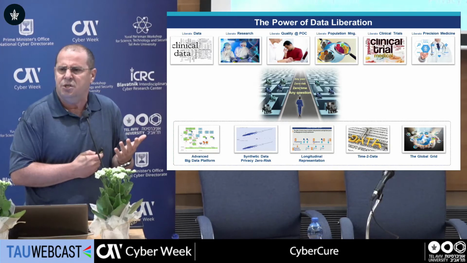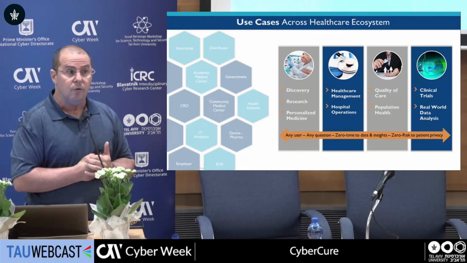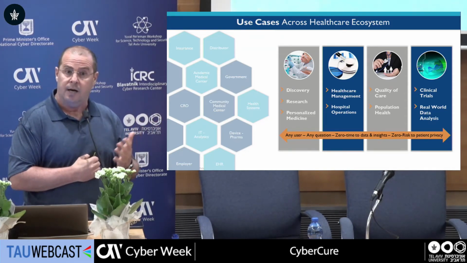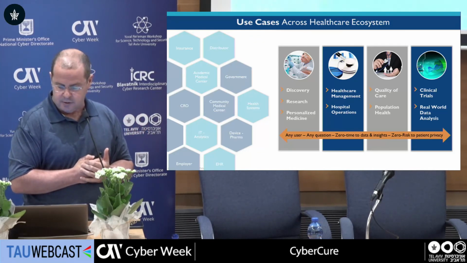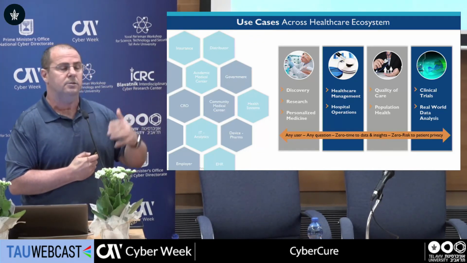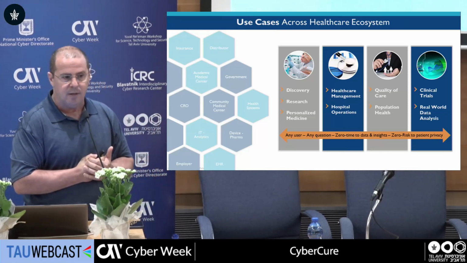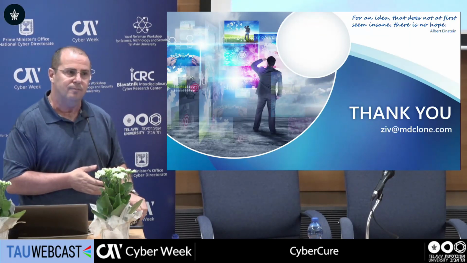What if I can do this easily and give it to anyone I'd like? Think about all the issues around real-world data analysis, real-world evidence analysis, and clinical trials. That is much, much faster. So there are many ways to think about a universe that is a data-liberated environment, and I encourage us to do this. Thank you very much for your time.